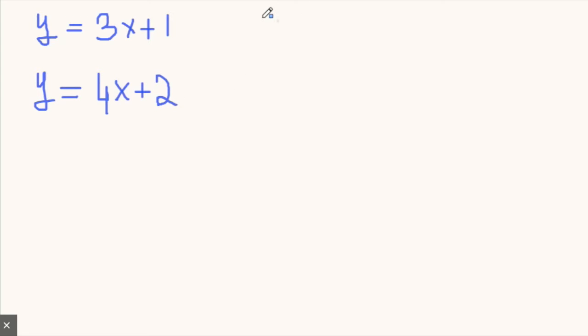And the question might say, this is true for x is greater than 3, and this is true for x is less than or equal to 3. What this would mean is that we would graph this for any number of x that is greater than 3 and graph this for any number that is less than 3.